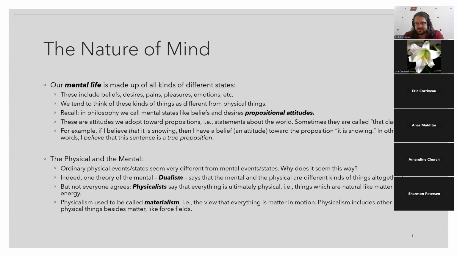There's substance dualism, which says that there's physical substance and then there's mental substance. And then there's property dualism, where everything is physical. There's no mental substance. But some things have mental properties, like humans or certain non-human animals.